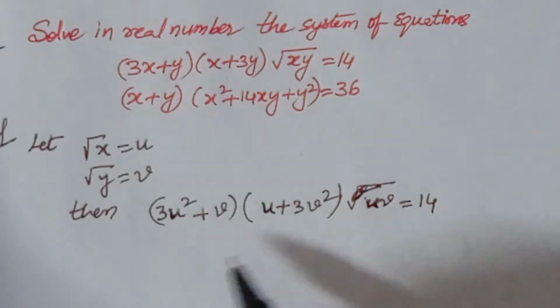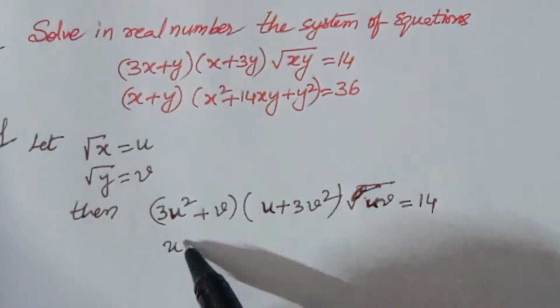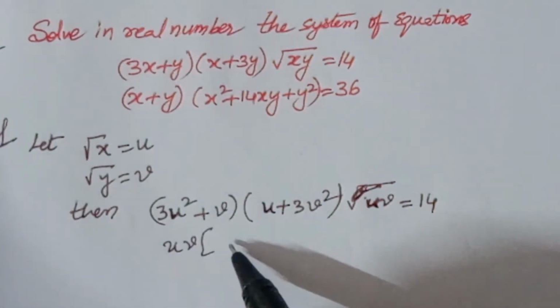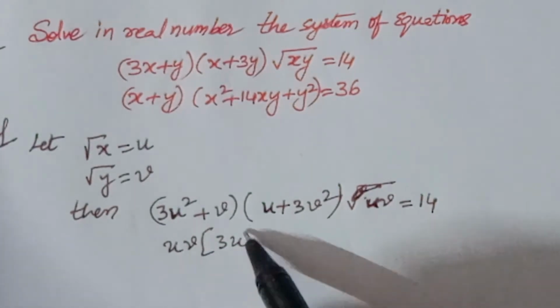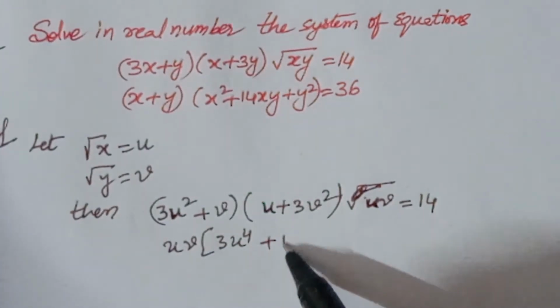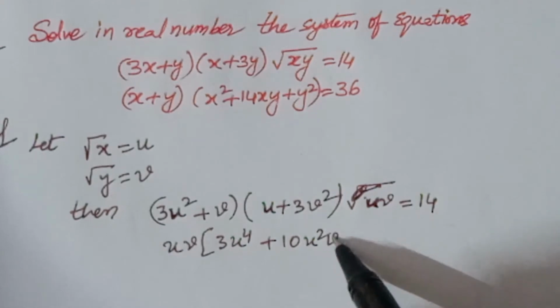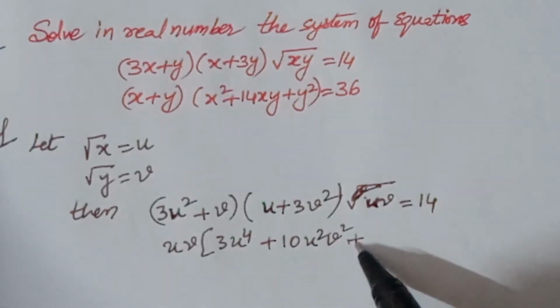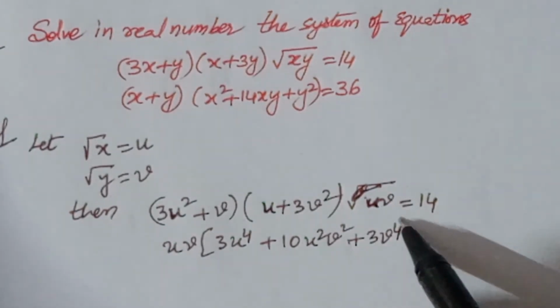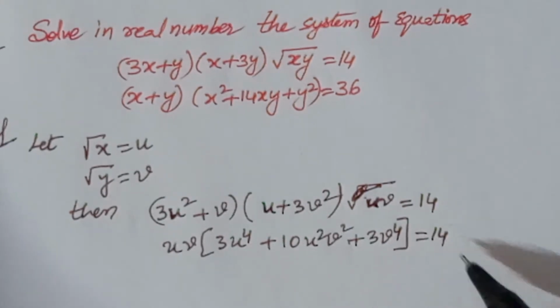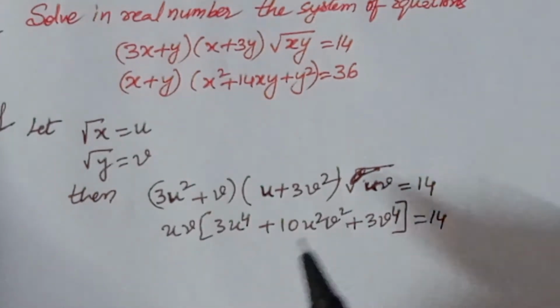If you multiply this out, you will get uv times (3u⁴ + 10u²v² + 3v⁴) is equal to 14. This is the first equation.